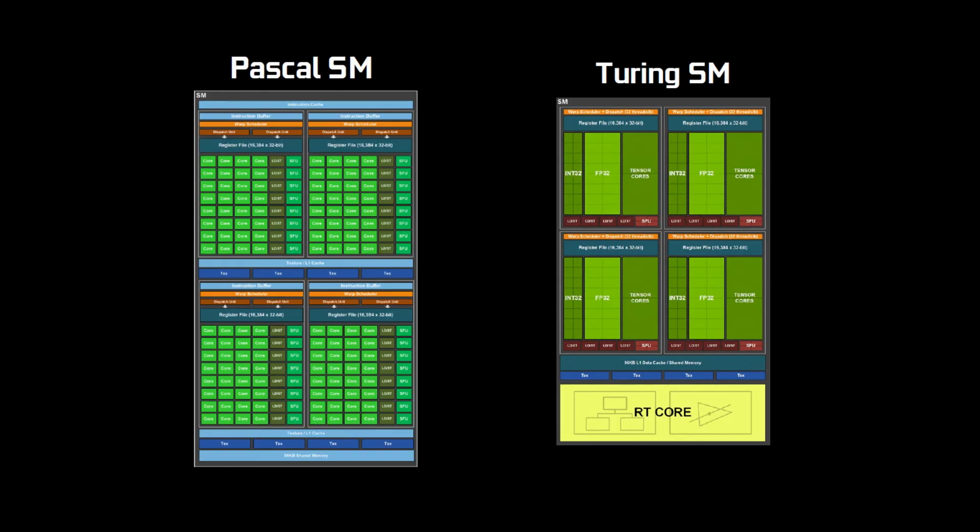You have to understand that it's truly changed since Turing, and a perfect example would be the SM diagram, where they split the floating point units from the integer units, allowing far more parallelism as far as floating point compute, which leads us to Ampere.